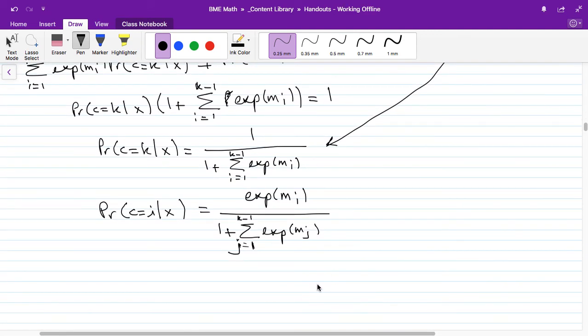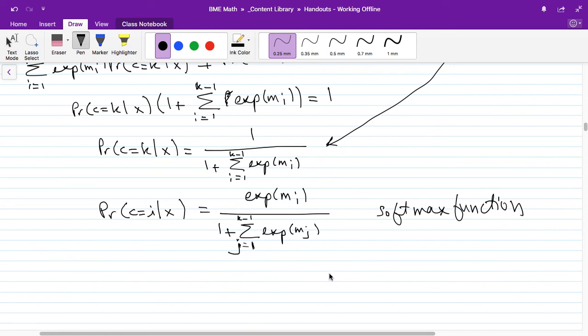So if I have k classes, I can write the probability of any particular class in terms of what's called a softmax function, which is the ratio of the posterior probability for that class to the sum of all the other classes.